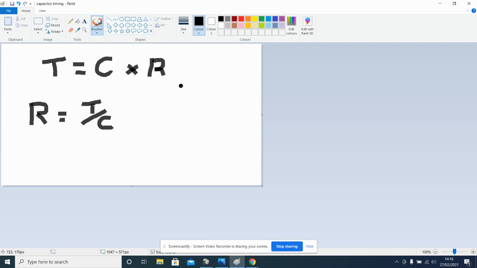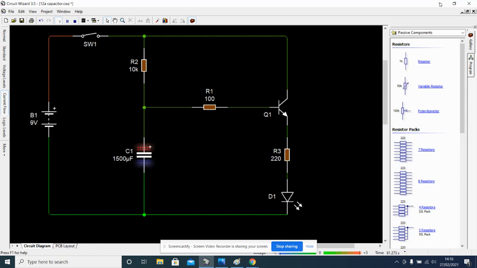We can change the equation around, and if we're looking for the resistor size, we can say that R is equal to the timing divided by the capacitance. So we can say R is equal to T divided by C. That's one way to change the timing of our circuit, and for finding the resistor size.